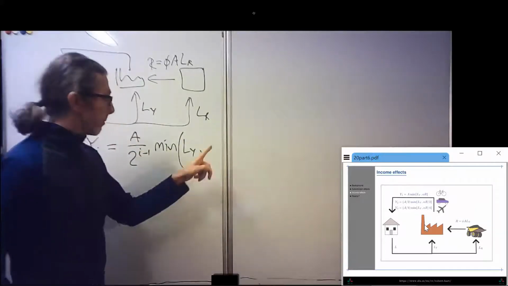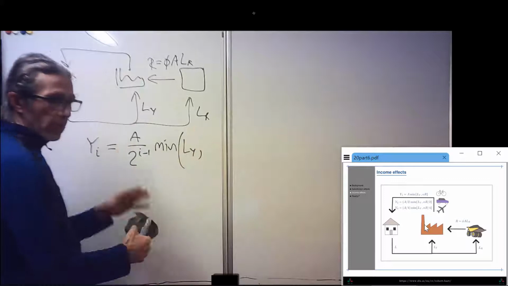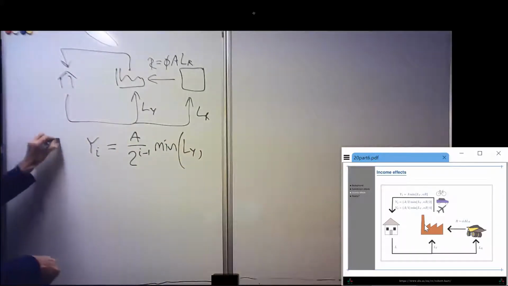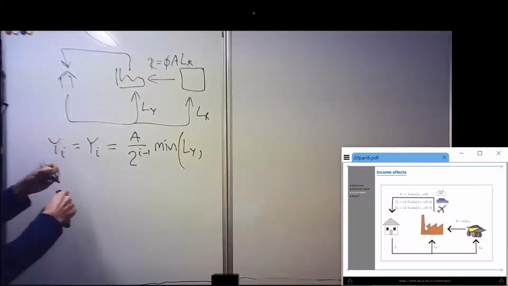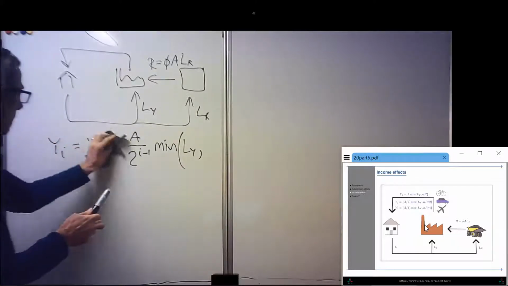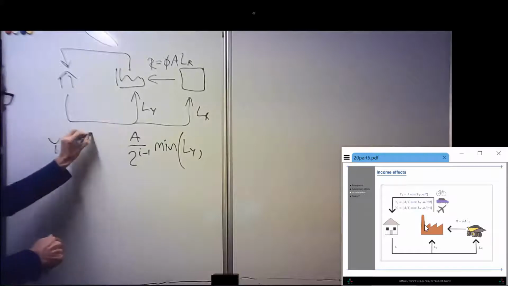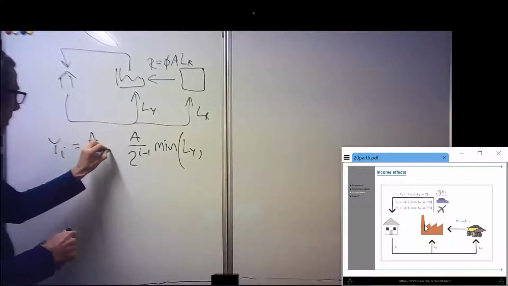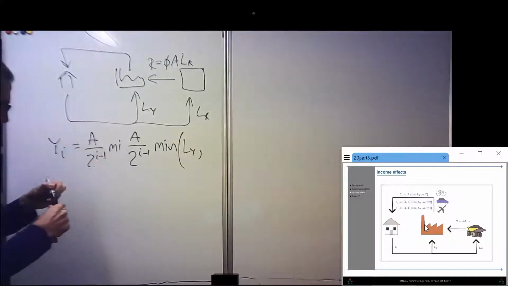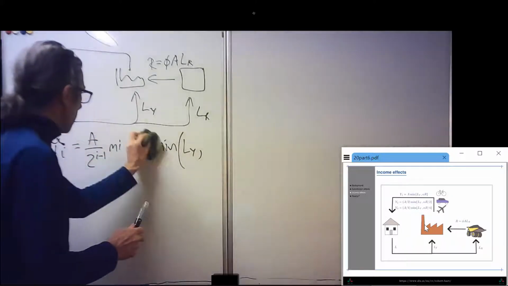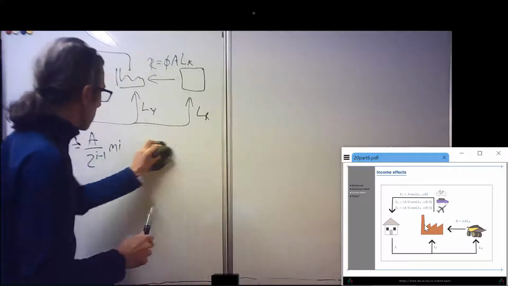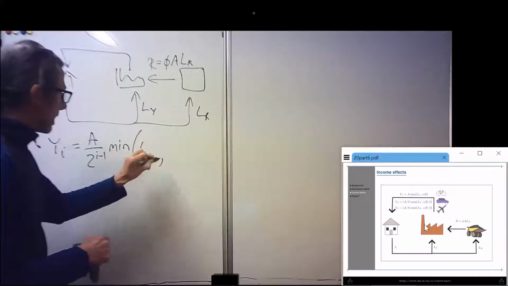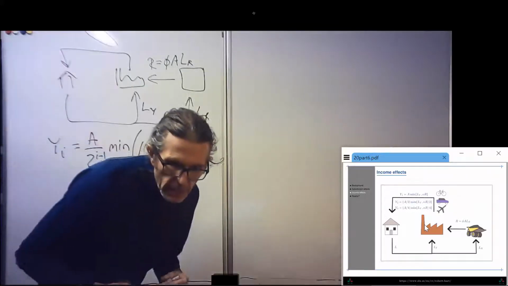So I've realized I'm running out of space. I'm going to shift this whole thing across. So we've got Yi equals A over 2 to the I minus 1 times the minimum of Ly and something else.